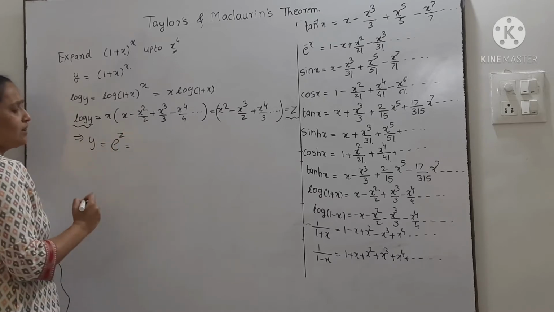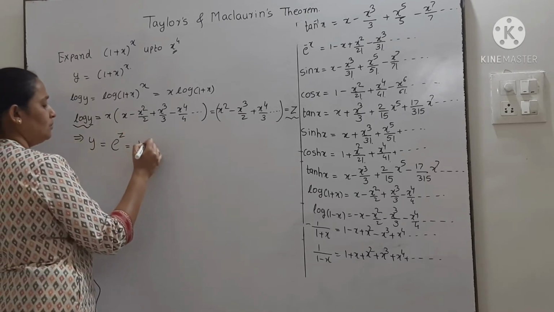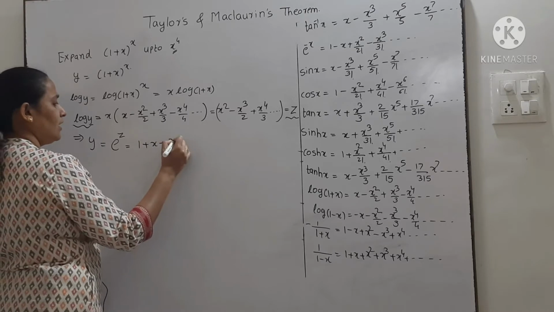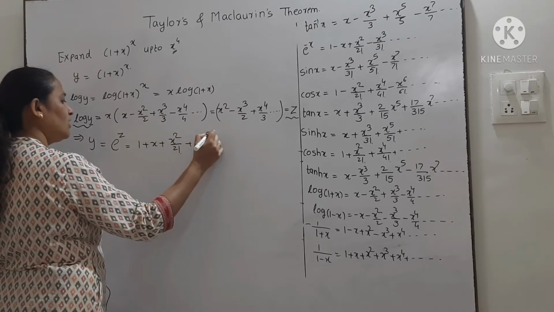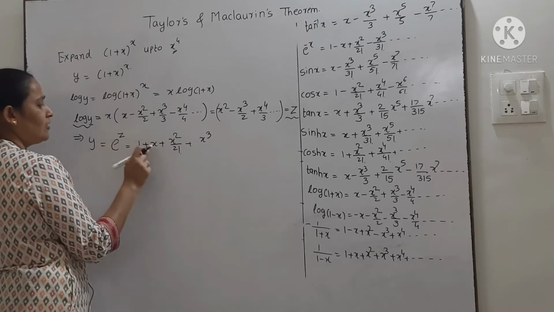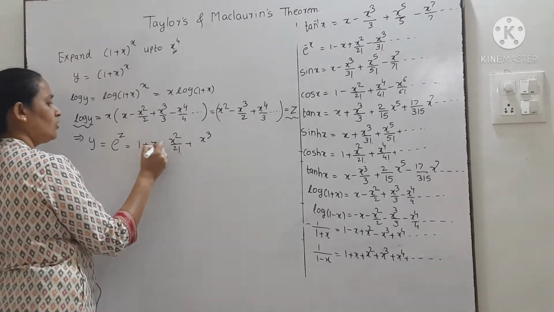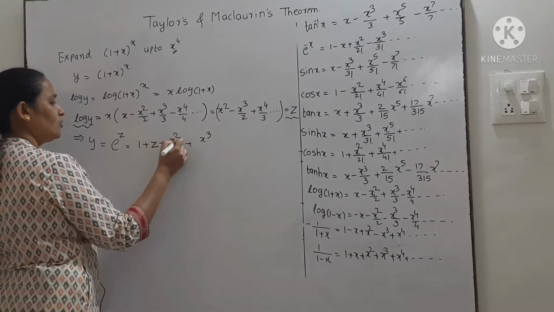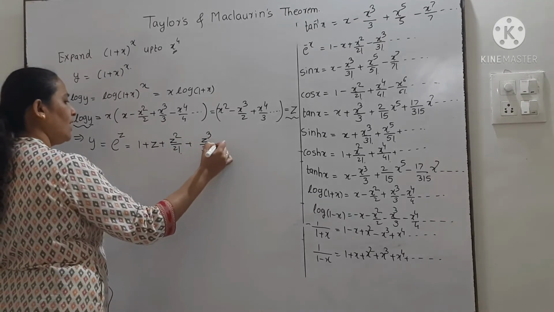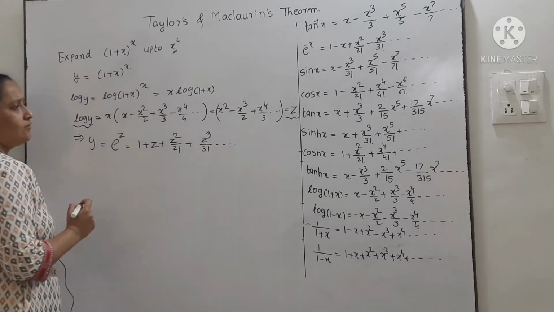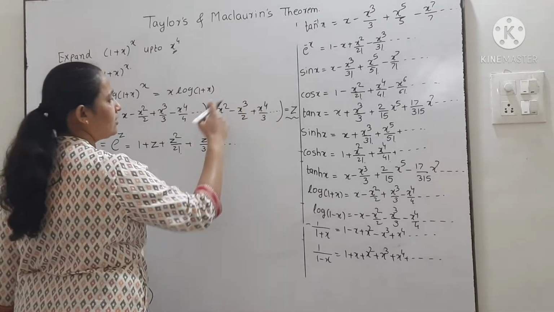Again, we know the expansion of e raised to x, that is 1 plus x plus x square upon 2 factorial plus x cube upon 3 factorial. But instead of x, what you have? z. So, instead of x, you will get z square upon 2 factorial, z cube upon 3 factorial and so on. In this, we will substitute value of z. z is our assumption.